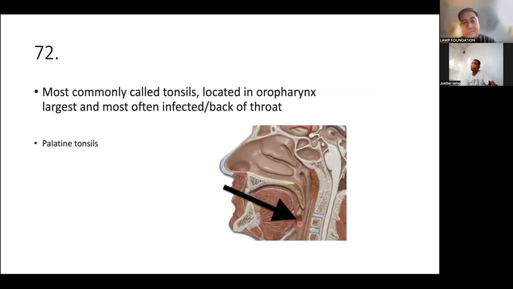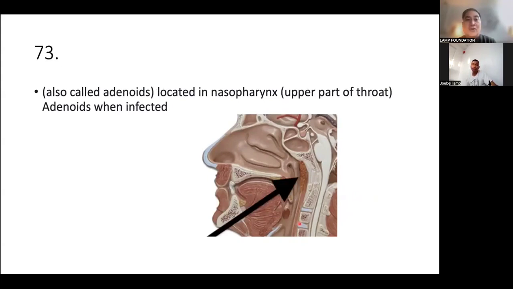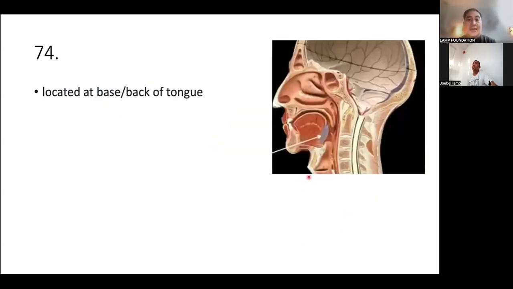The palatine tonsils. Also called the adenoids, located in the nasopharynx, the upper part of the throat. The adenoids when infected. So what kind of tonsils is this? It's the pharyngeal tonsil. Great. Located at the base or the back of the tongue.